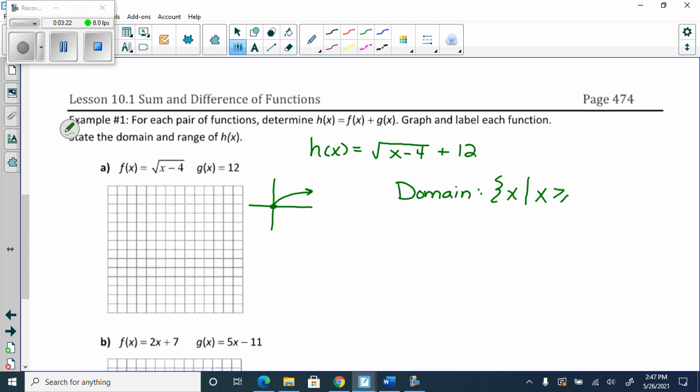So now instead of starting here, it's going to start at 4, and the rest of the graph will go like this. So it's x greater than or equal to 4, or in interval notation, square bracket 4 to infinity. Do we actually need to know intervals though? Yeah. You go into any calculus, they only do interval notation.